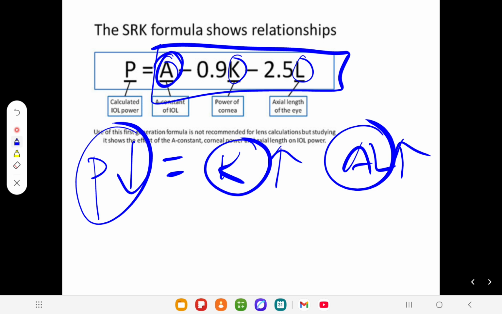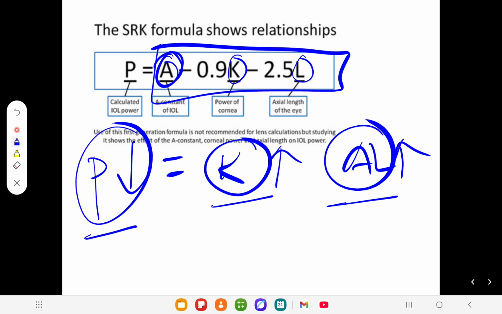You have to take care of three things: keratometry, axial length, and the power of IOL. It's very important how these three things play with each other, and that's the beautiful thing you can do whenever you are in the biometry room calculating IOL. It's very important at that particular point.